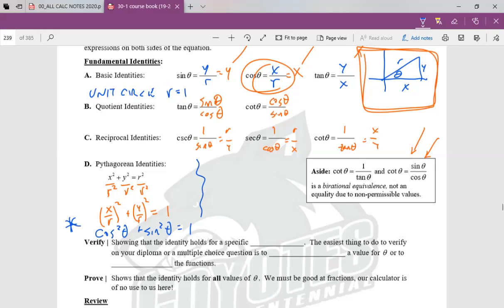Now, there are two more Pythagorean identities. Me, personally, I don't memorize them. I don't know the other two off the top of my head, but I have it so it's easy to derive them.